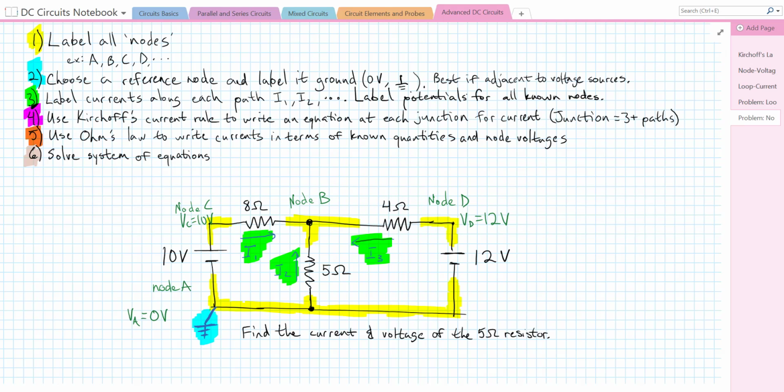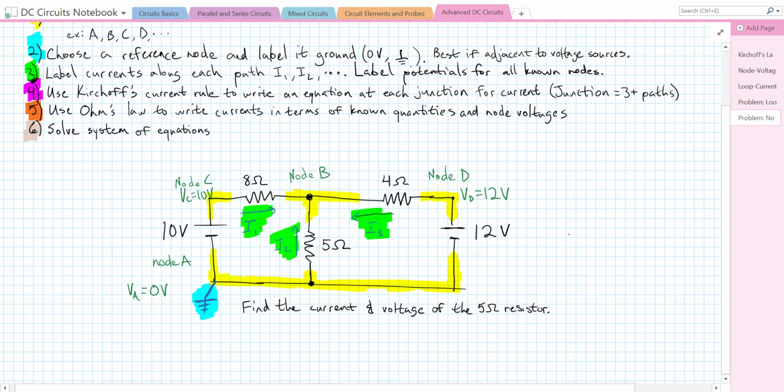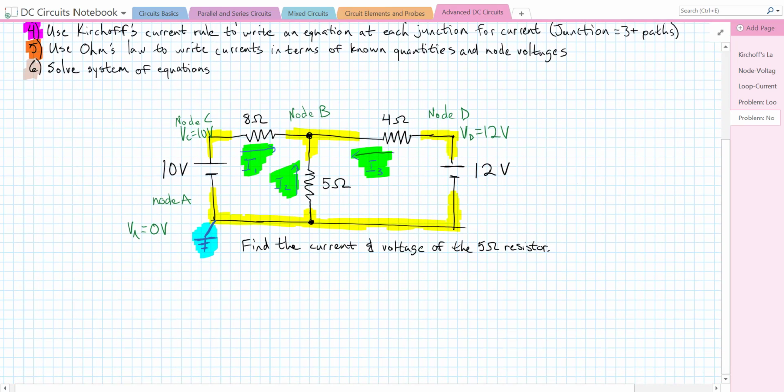Once we have that, that's our basic setup. What we have to do next is actually use Kirchhoff's laws to set up a system of equations to solve. In node voltage analysis, we're going to be using the current rule to write out equations at each junction. A junction is just a node that has 3 or more paths coming into it.